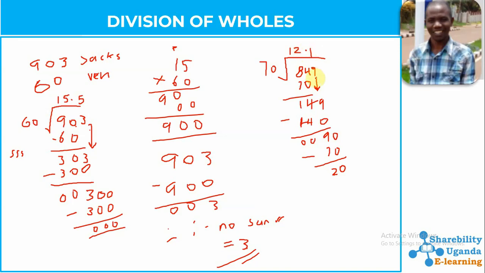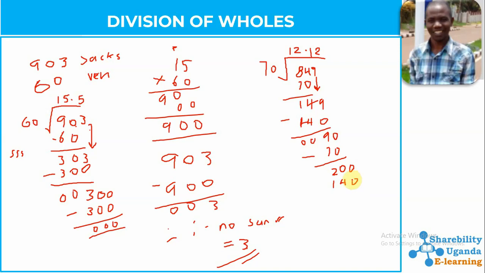Since we have a point here, we can still add a 0. So we say 200 divided by 70. If you make 2 times, it is going to be 140. So here we can make 2 times.